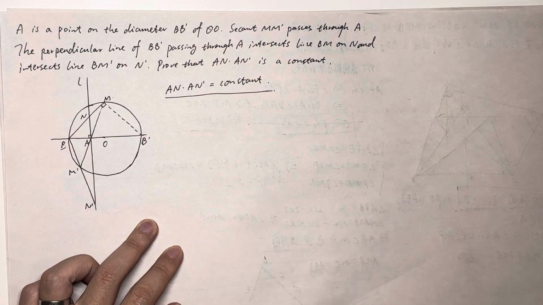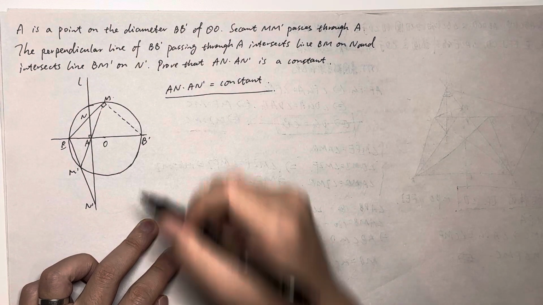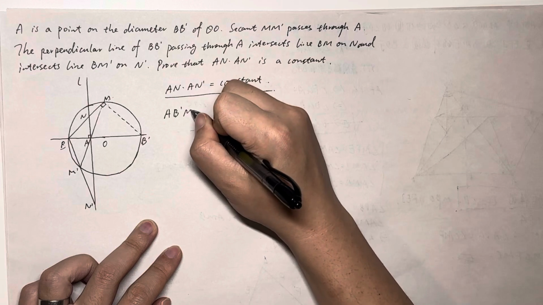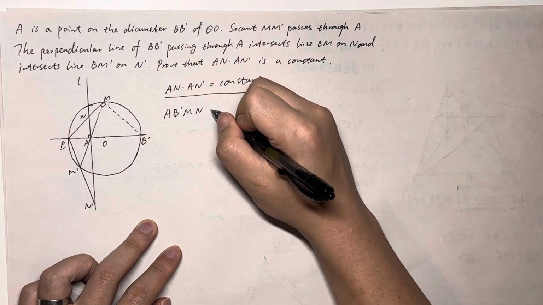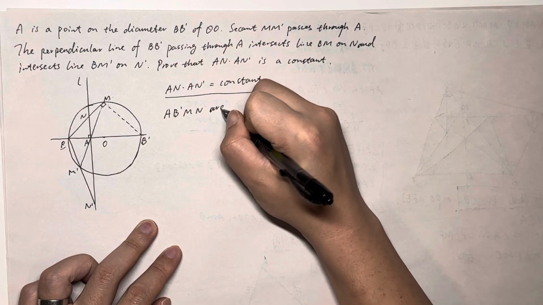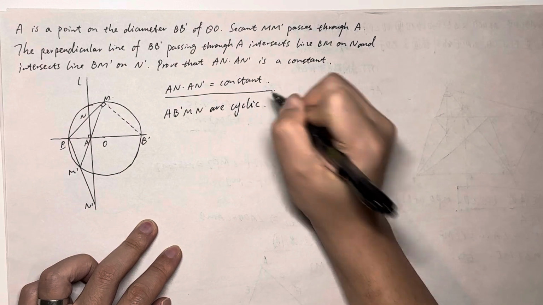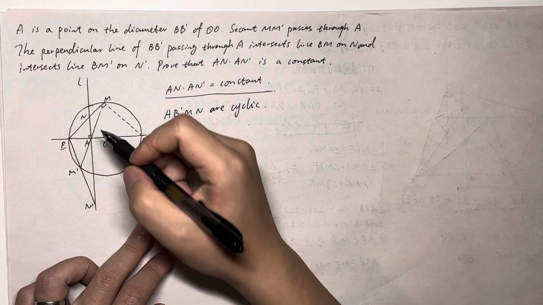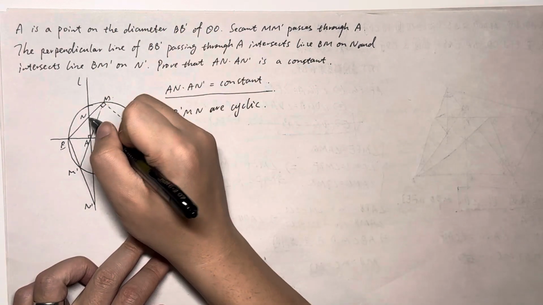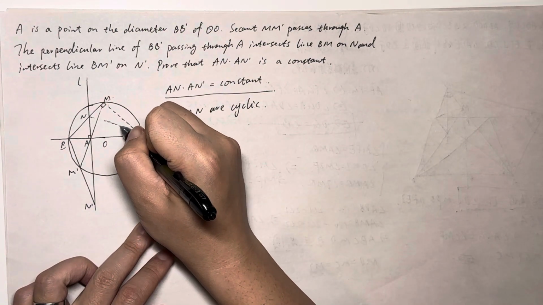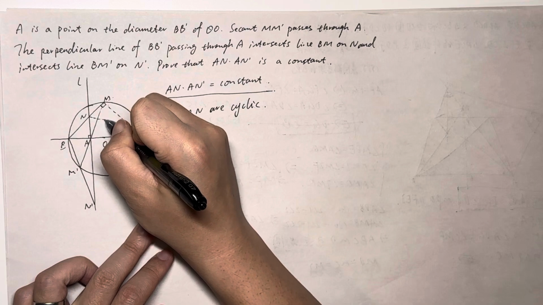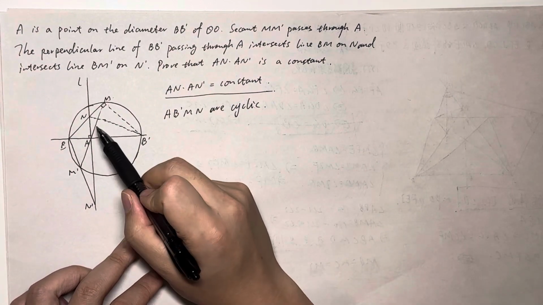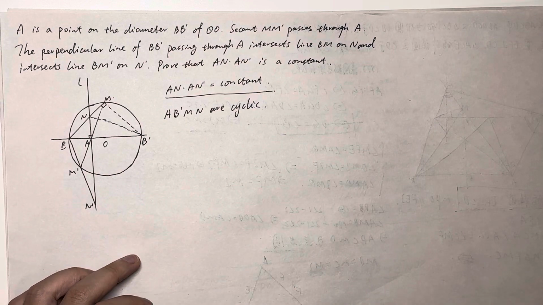By marking this 90 degree angle out, it's obvious that A, B prime, M, N are cyclic. Then we can directly connect B prime N, because once we have a cyclic quadrilateral, we know a lot of relations between angles.